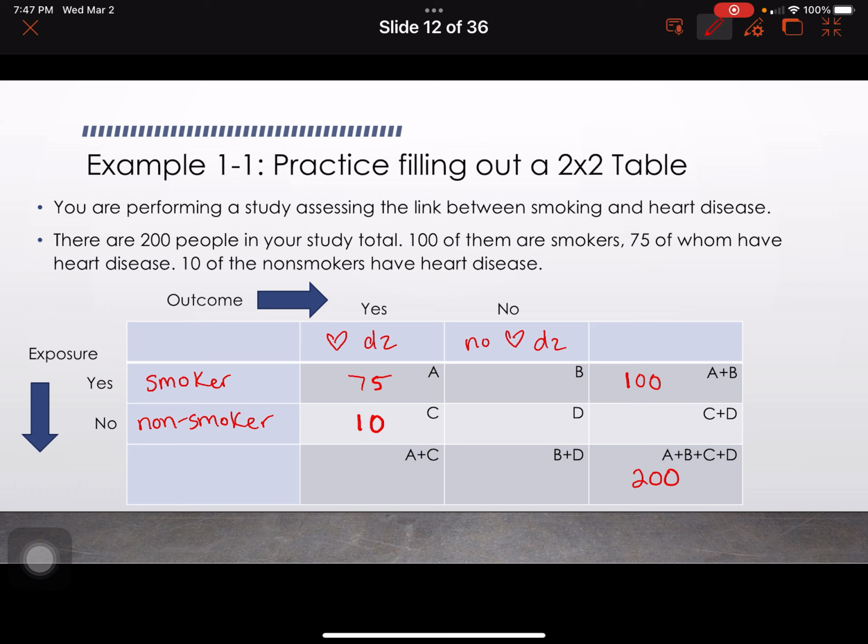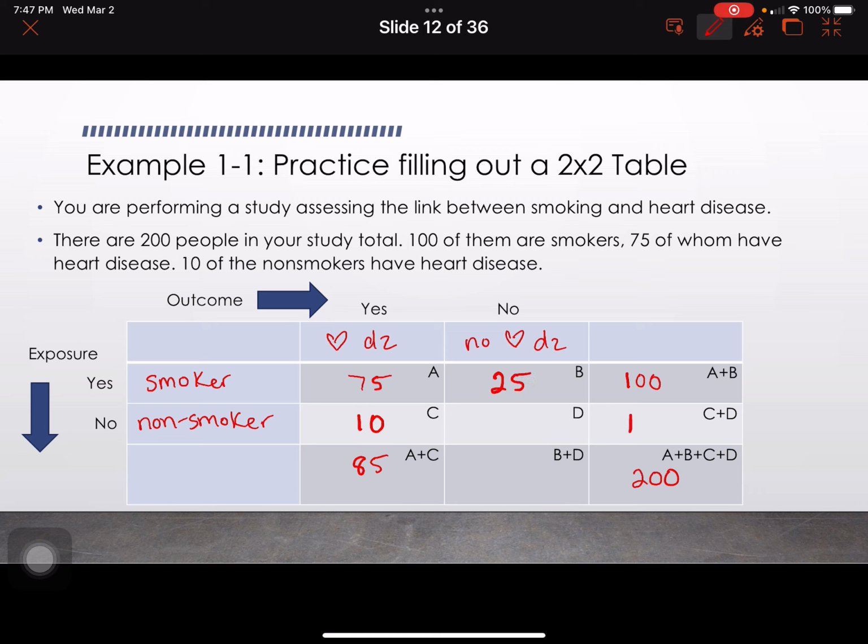Great, so then we can find the missing pieces of our puzzle using these known values. For the first column here, we know 75 plus 10 is 85. We know 100 minus 75 would be 25 here.